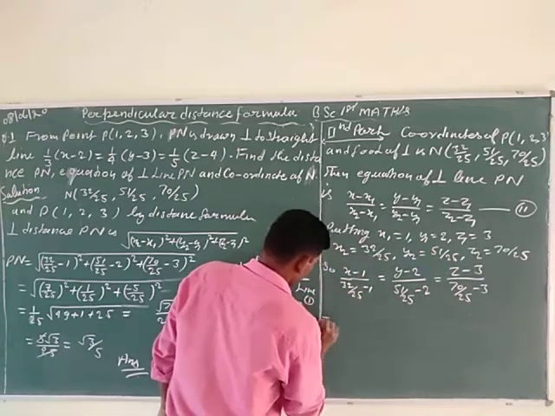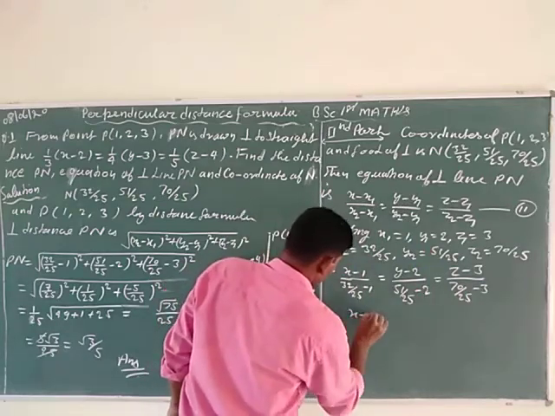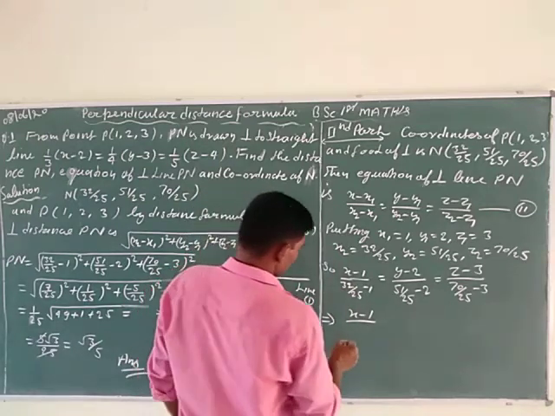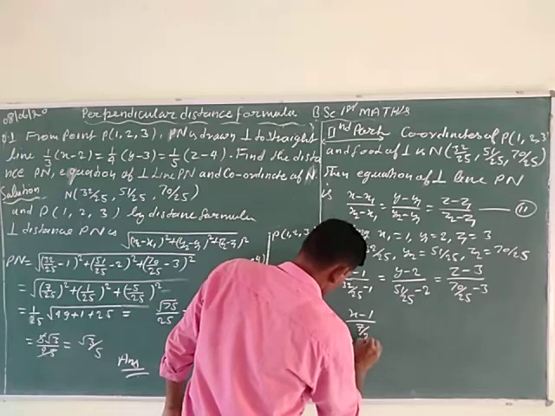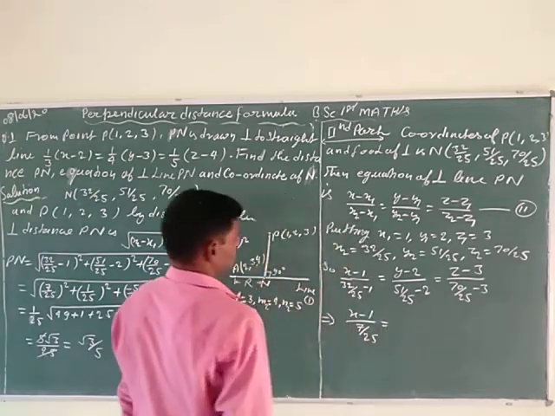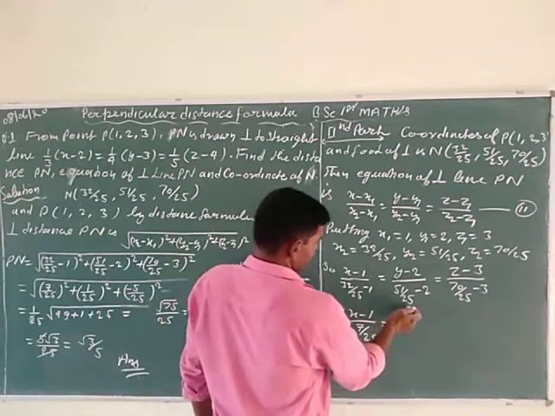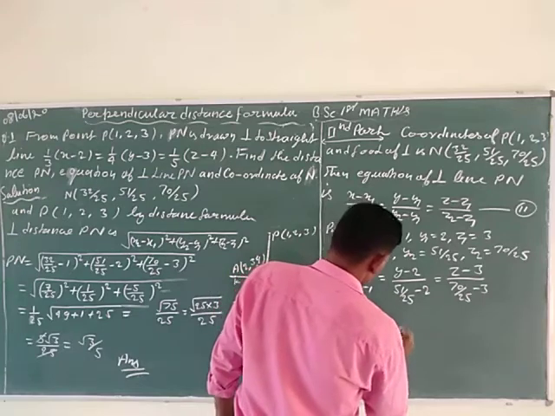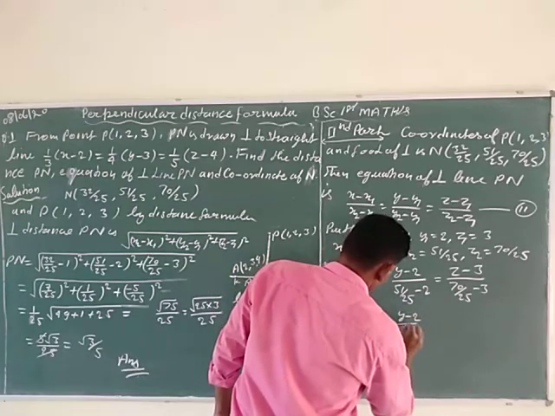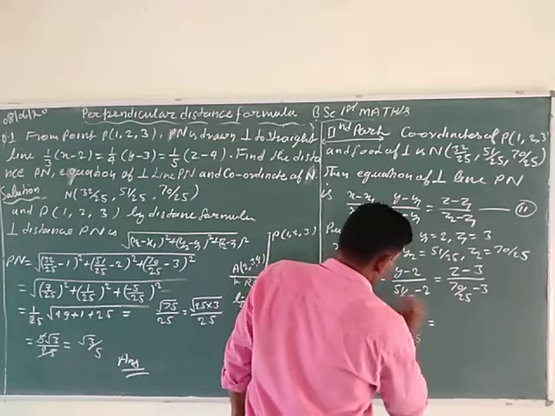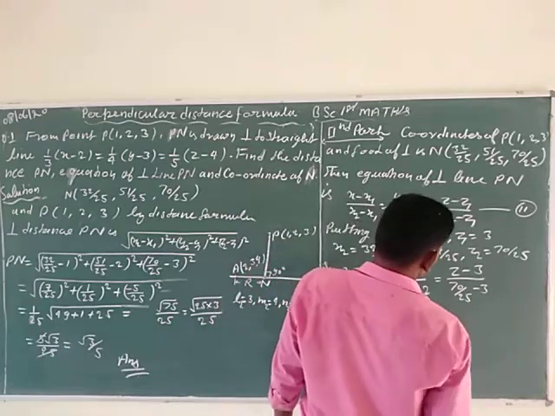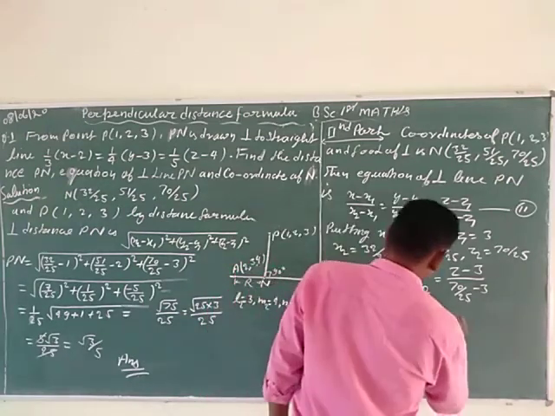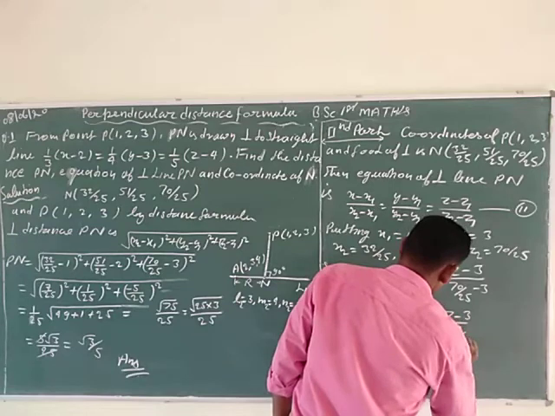After simplification, write in the form (x minus 1) over (32 minus 25), which is 7/25, and this is equal to (y minus 2) over (51 minus 50), which is 1/25, since 51 is greater than 50, and this is equal to (z minus 3) over (70 minus 75), which is minus 5/25.